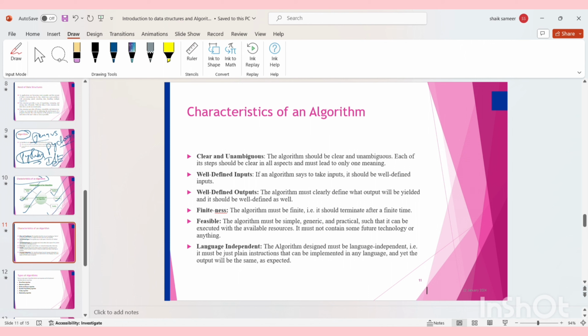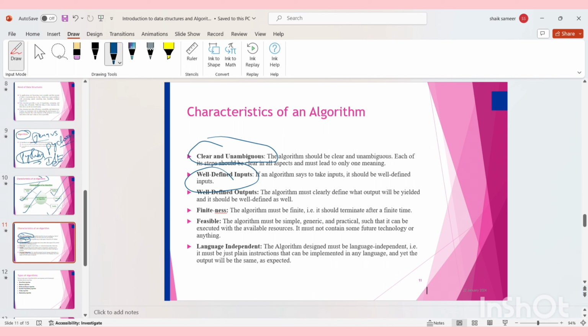First, clear and unambiguous. When you write an algorithm, it should be in a clear format and easy to understand. In all aspects it must be clear. Next, well-defined inputs. The algorithm must have well-defined inputs.